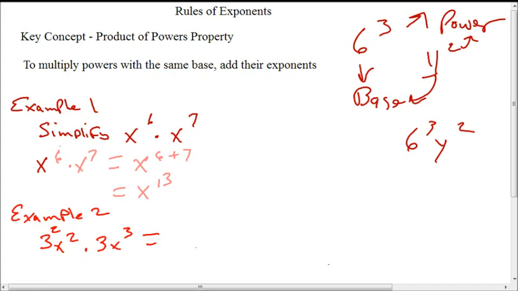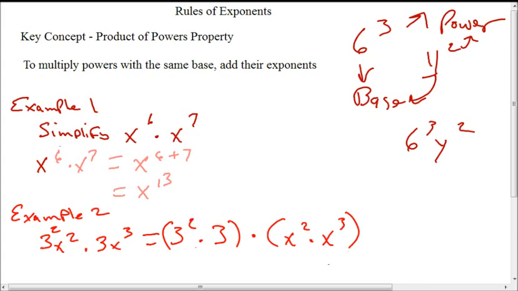In this case, the coefficients are 3 squared times 3. We're going to multiply those by each other, and let's put them in parentheses. And then we're going to multiply the variables, which is x squared times x cubed.